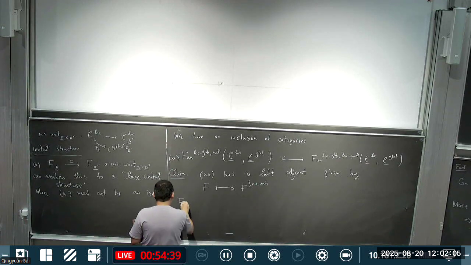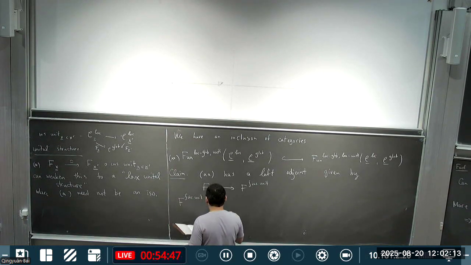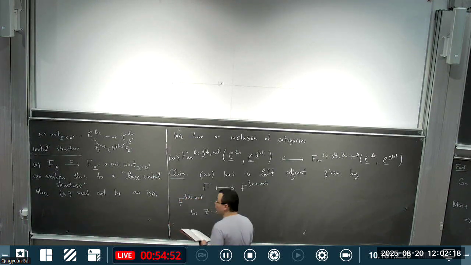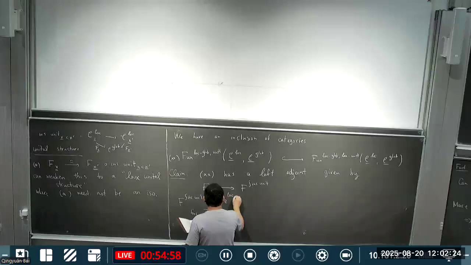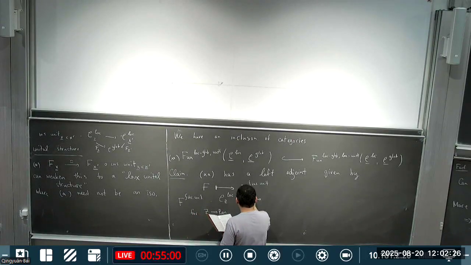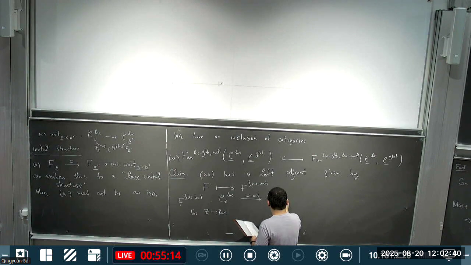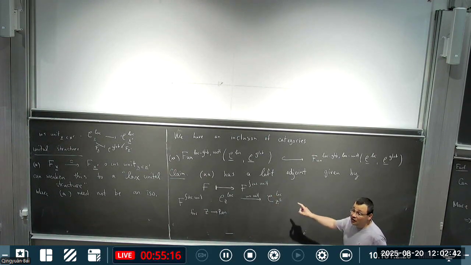So what is this? Let me write it on the Z points. On Z space, you take the local category and do insertion of unit. I'll explain what this notation means in a second.